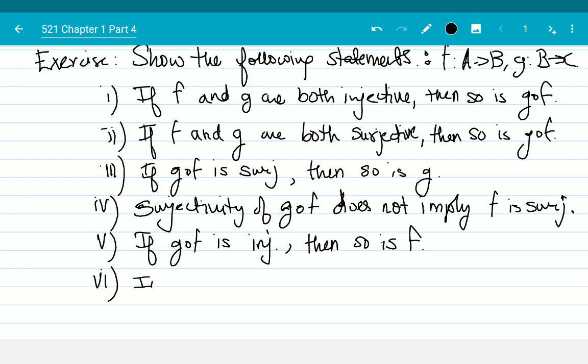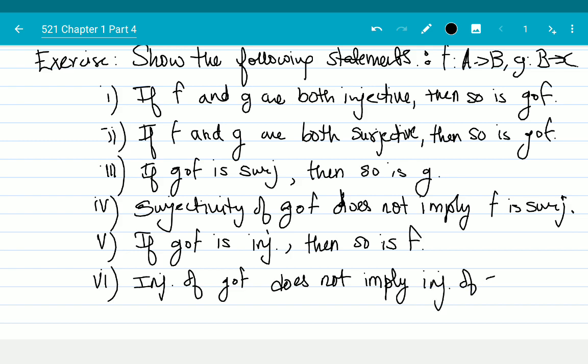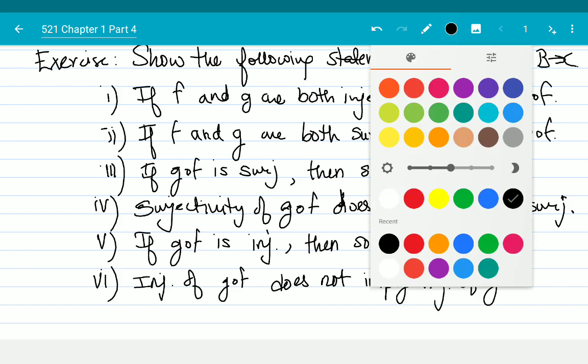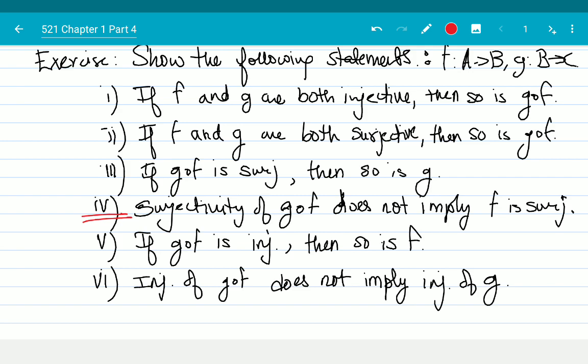And sixth, injectivity of G composed F does not imply injectivity of G. Okay, I'll give you a hint for problems 4 and 6.